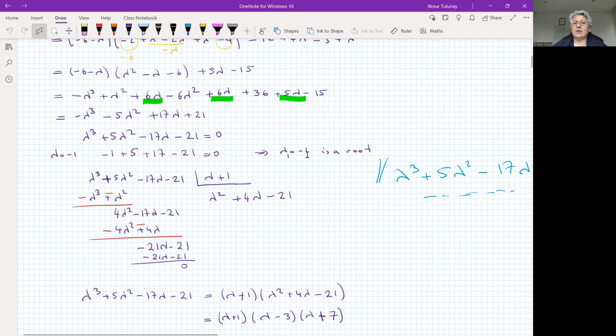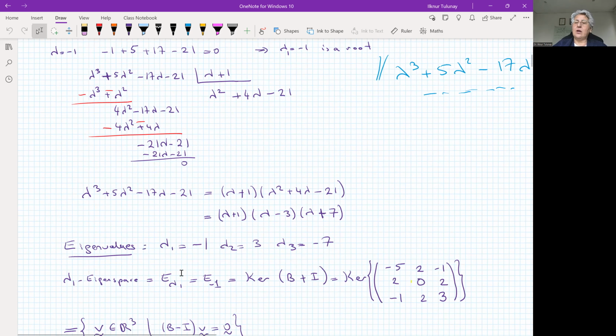Once you find out that this is a root, it means that this is a linear factor. Then whatever is left has to be a quadratic polynomial, because the order of this polynomial is 1, and the order of this polynomial is 2. 1 plus 2 is 3, and that is 3. So this is what the theory tells you it has to be. So you have to have a 0 here. If you couldn't find a 0, it means you've done something wrong.